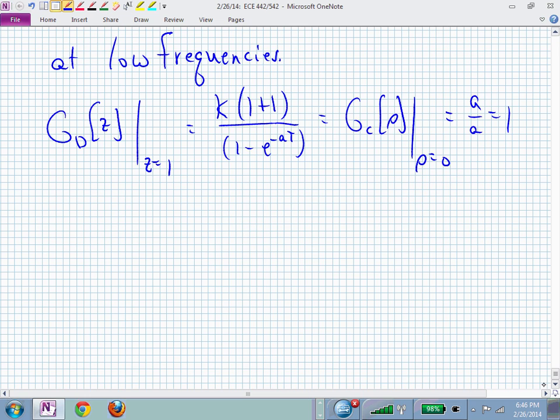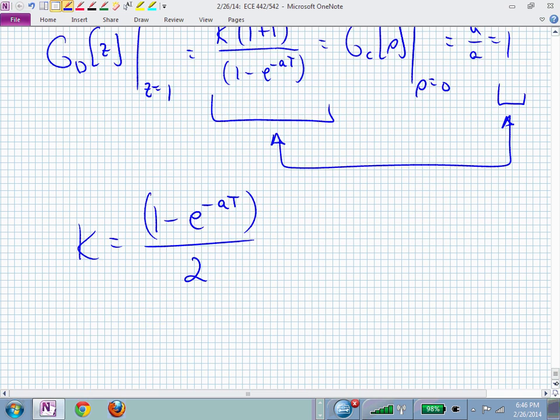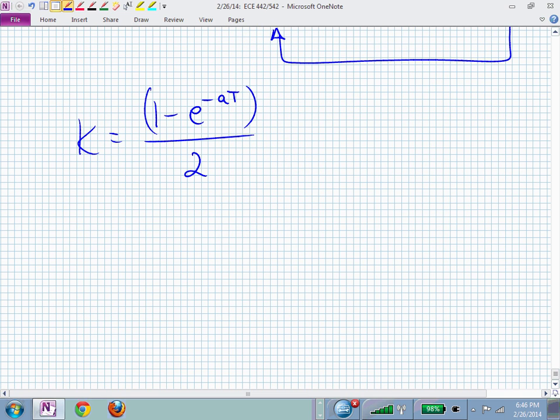And now we have one equation and one unknown we can solve for K. This now tells us, by comparing those equations, that K is equal to 1 minus E to the minus AT all over 1 plus 1, or over 2.